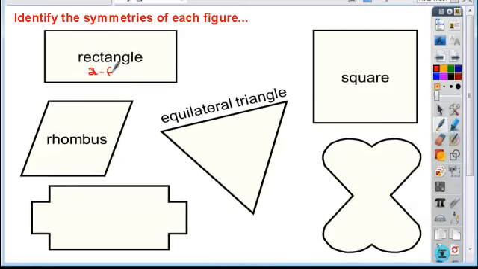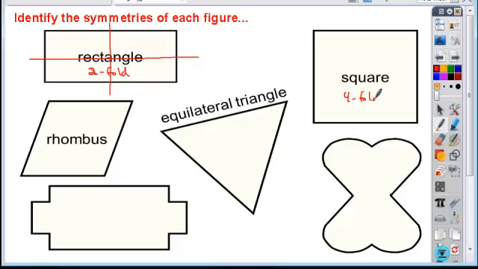And what about a square? How many rotational symmetry? Fourfold. And how many reflective lines of symmetry? Again, 1, 2, 3, 4.